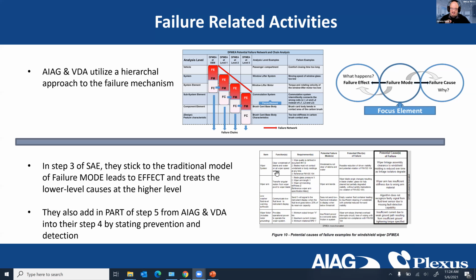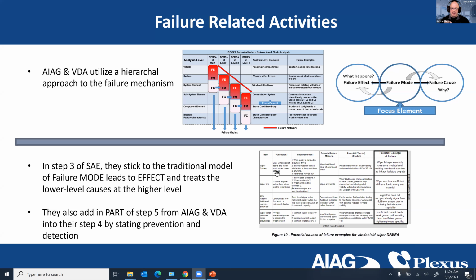Now, one of the key differences, I do want to spend a little bit of time here, folks. AIAG VDA uses a hierarchical approach to the failure mechanism. I want to talk to you for just a moment about the failure chain, okay?